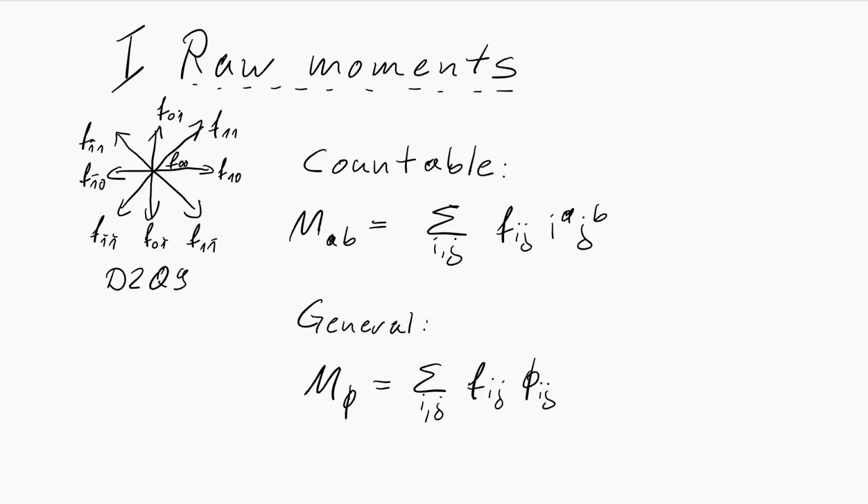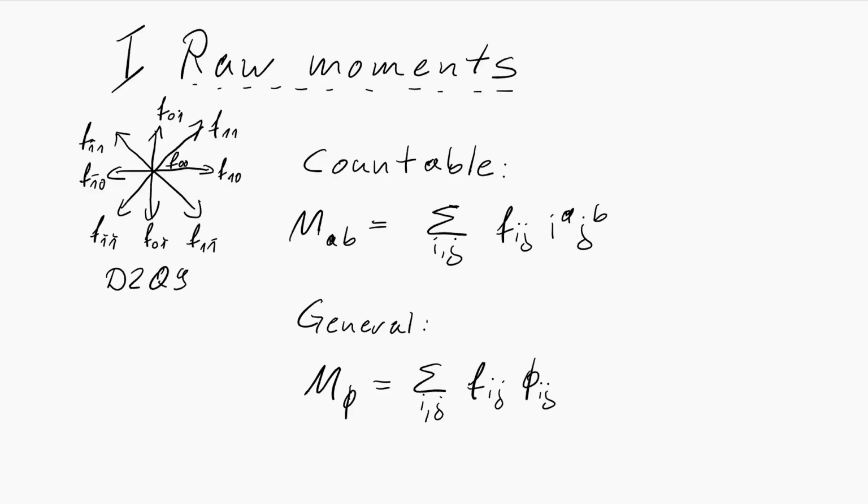Okay, so this is not a reason that you should not understand it. First of all, coming back to the moments, we have, of course, a lattice. We have a lattice momentum distribution function in populations, and from this we can derive moments in the countable form that is written up here, summing the distributions over the indices i and j by powers a and b, and so we come to countable moments.